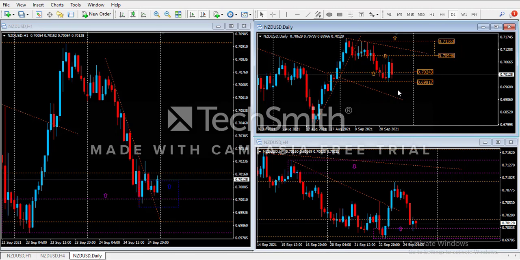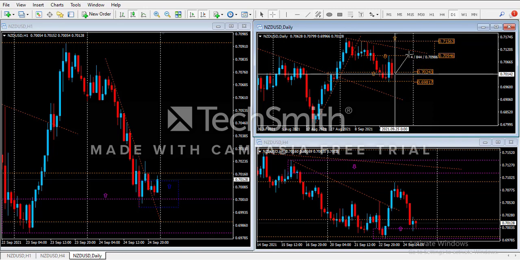So here too the pair is in a flat position between the demand 0.6724, 0.6981 and supply area 0.7094, 0.7156. And there is potential for price from the demand area to develop a deep upward correction movement.